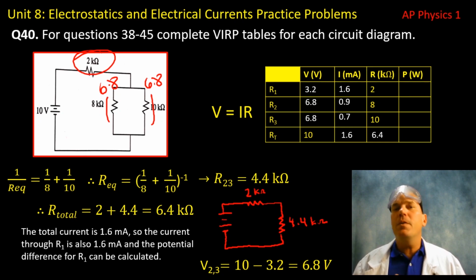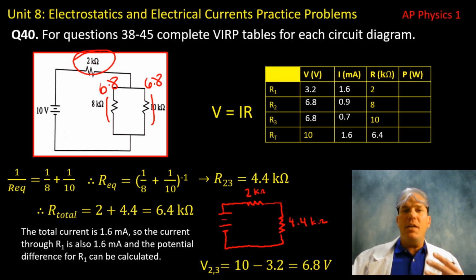It's important for you to please always stop and think about, okay, when the current splits, when they come together, do they equal the total current? In other words, 0.9 amps plus 0.7 amps equals 1.6 amps. That makes sense. Do my voltages add up?